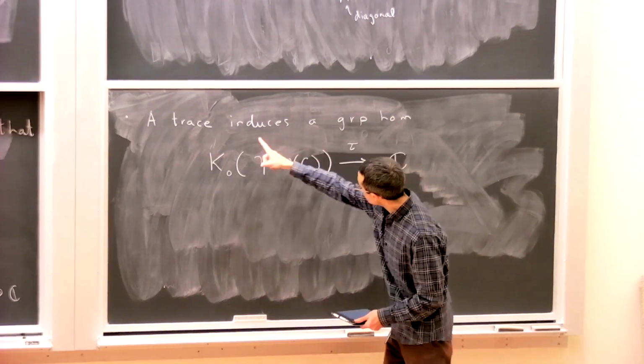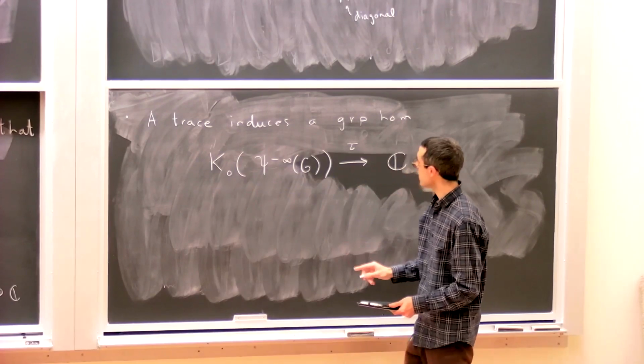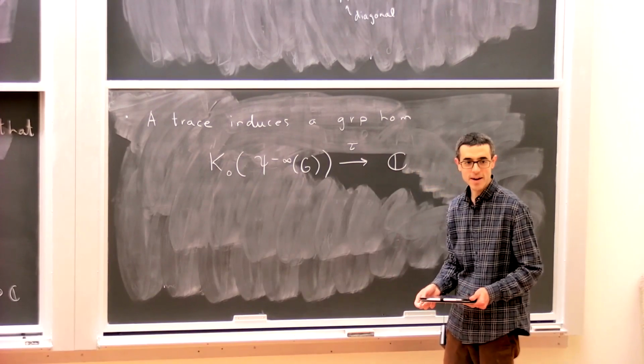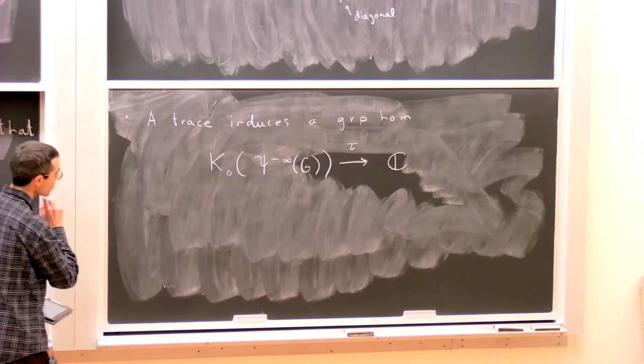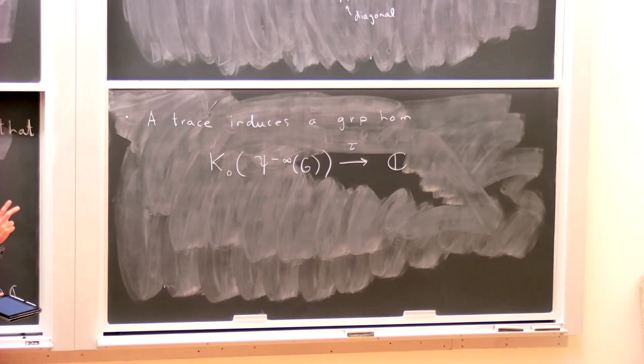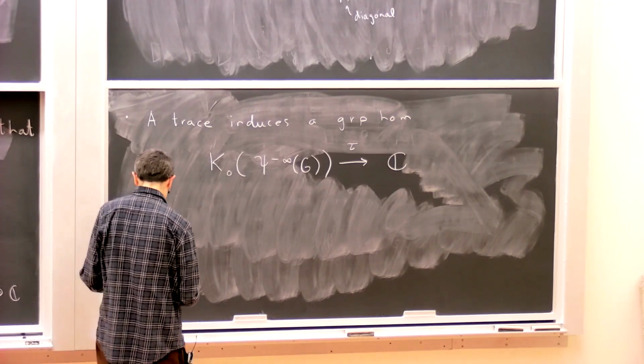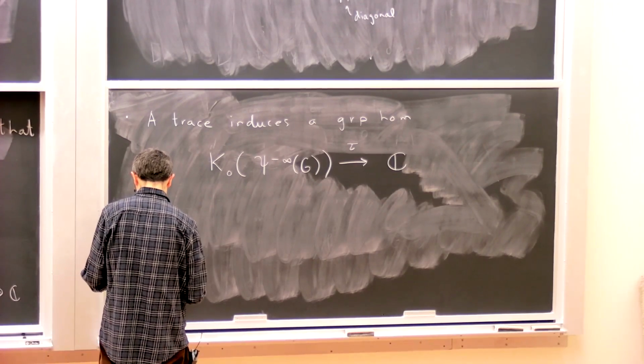If you think about this group in terms of idempotents, you basically just apply the trace to the idempotent. That's all this map is. So this will be the sense in which our theorem is topological, quote unquote, in the end.